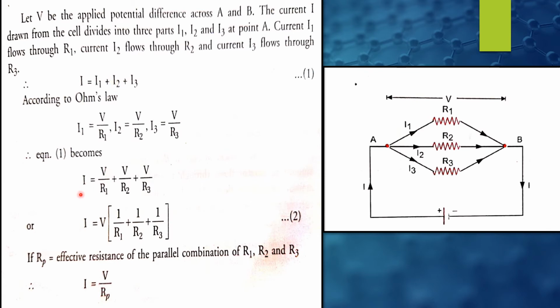Our equation 1 becomes I equals V by R1 plus V by R2 plus V by R3. Let us take V common outside. It will become I equals V into (1 by R1 plus 1 by R2 plus 1 by R3). If Rp is the effective resistance of the parallel combination of R1, R2 and R3, then we can say I equals V by Rp.